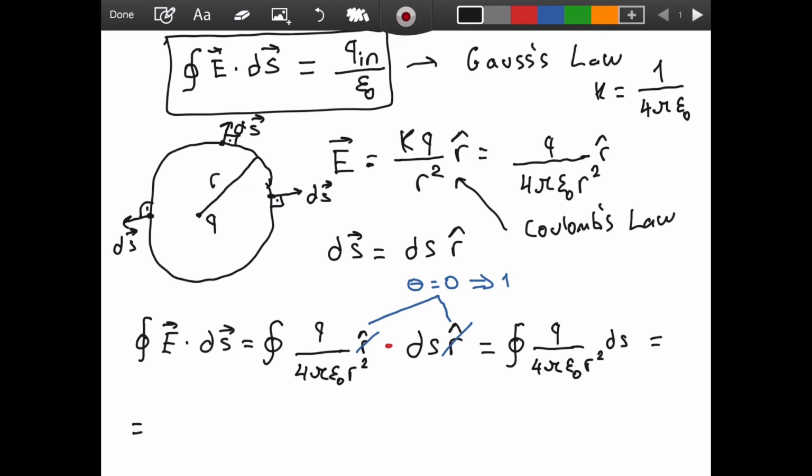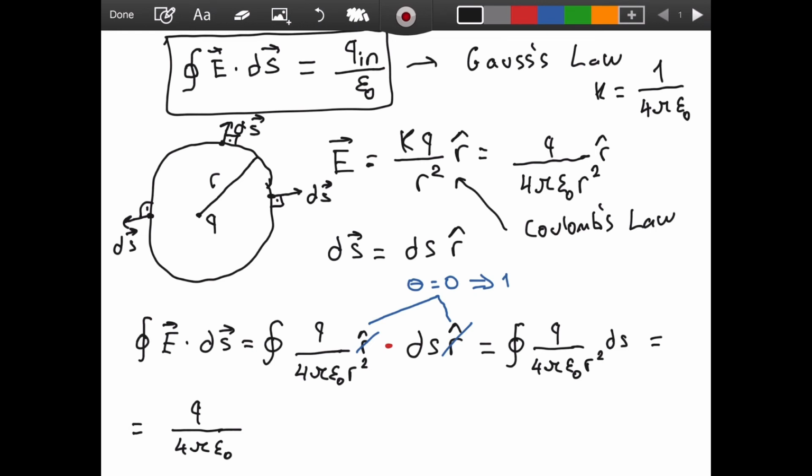So you can take q out, it is simply a constant, and 4 pi epsilon naught is a constant, and r squared is a constant as well, because for any point on the surface of our sphere, the radius value is the same.